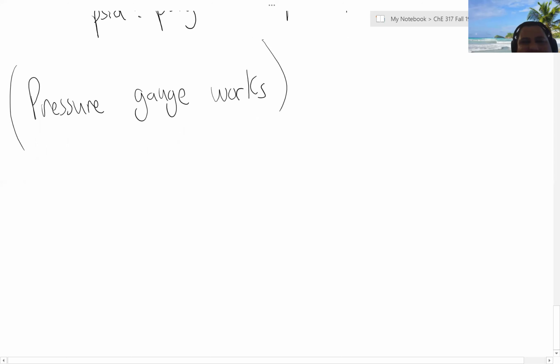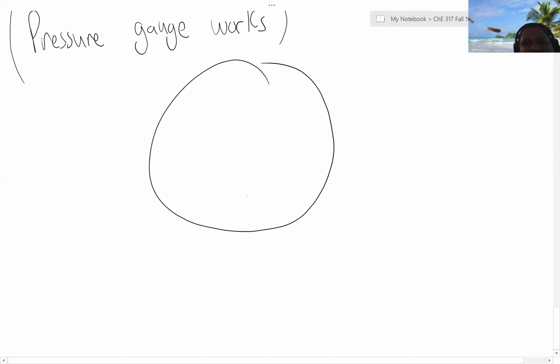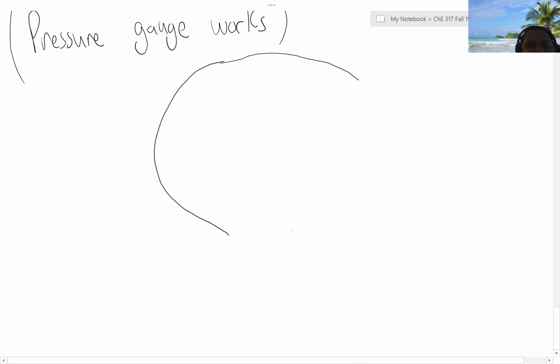So I think it's an important thing for us to consider as engineers, primarily because if you're going to be looking at metering and measuring devices, understanding the mechanisms upon which they work is an important way to troubleshoot their operation, as well as to get a better grasp on the principles. So if I'm looking at a pressure gauge, a lot of times I've got an arrow.